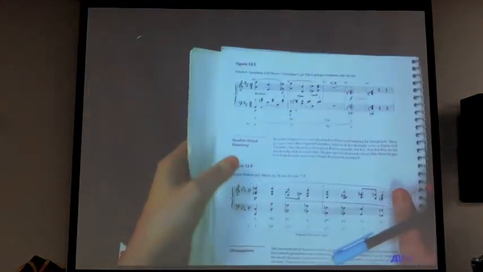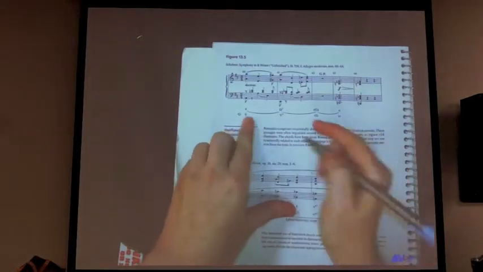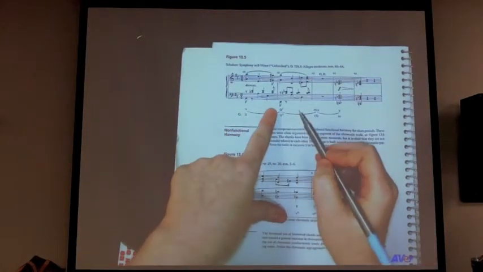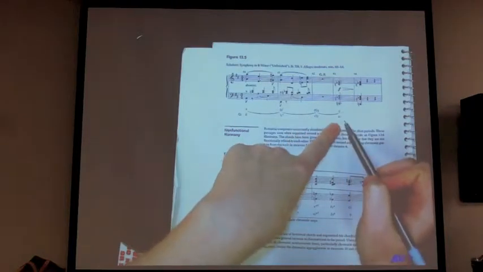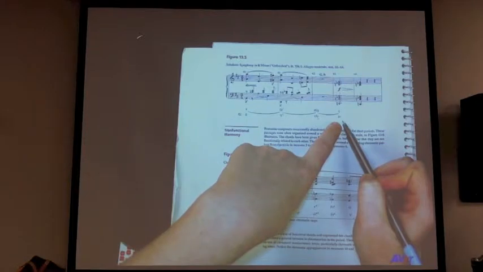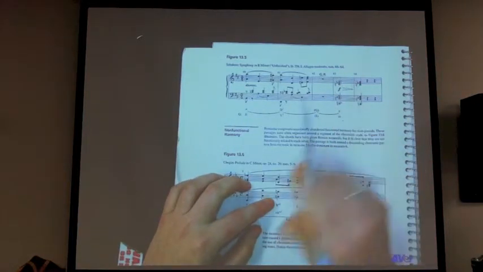Okay? You can see it rewritten right here. Normally we would have a 2, 5/7. This would be a major 1 chord, a nice big G major chord. And then we continue our nice circle progression to a 4 chord. But we never get it. Instead, he just puts in a bar of rest.